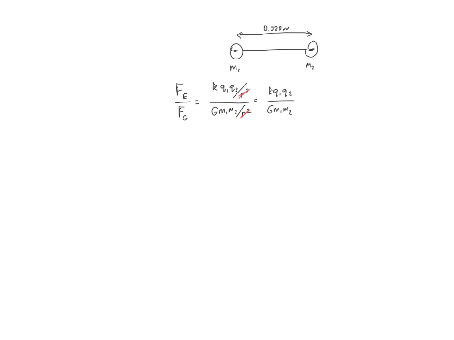Part B, by what factor would the ratio in Part A change if the connecting string were half as long? Well, the R's, the distance between them, those R squareds canceled out, so it doesn't matter what the length of the string is. It's not going to change the overall ratio.